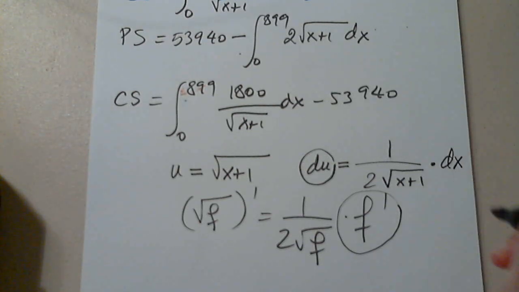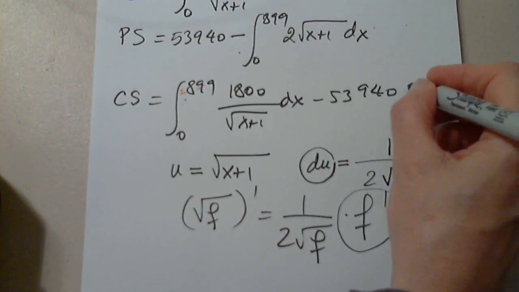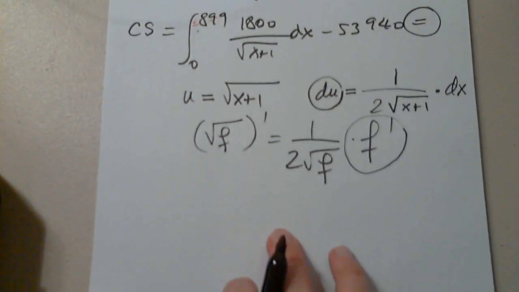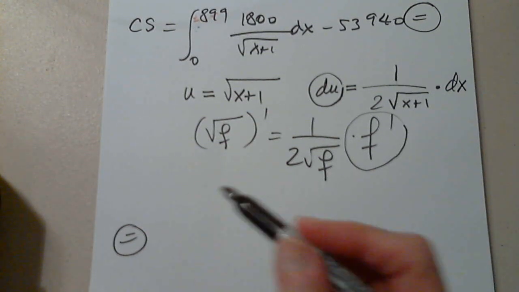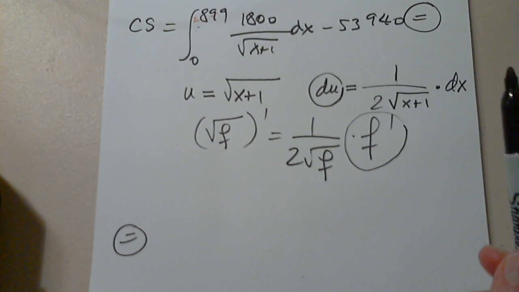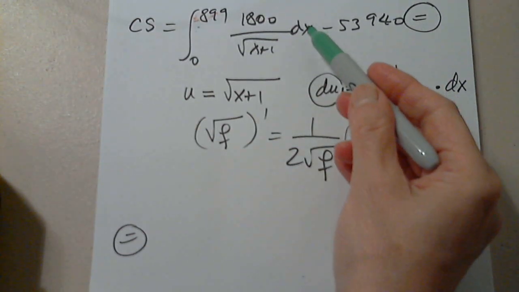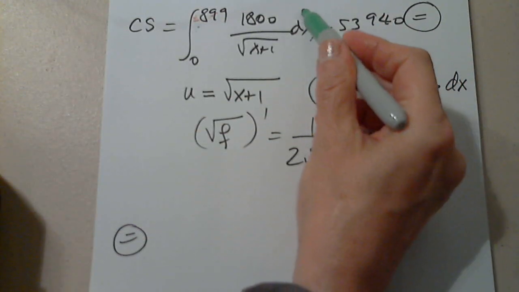Thank you very much. Excellent. Great job. Okay, I'm jumping over all this. So we have, as we see here, dx over the square root of x plus 1.